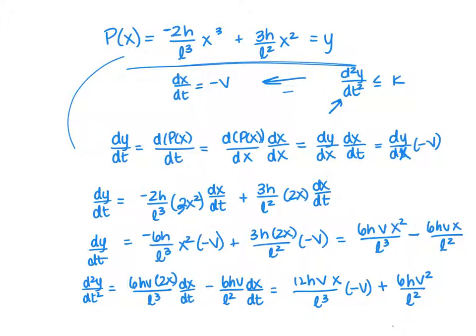All right, so that is our expression for our acceleration. I'm going to write that on the next page. So I get minus 12h v squared x over L cubed plus 6h v squared over L squared.